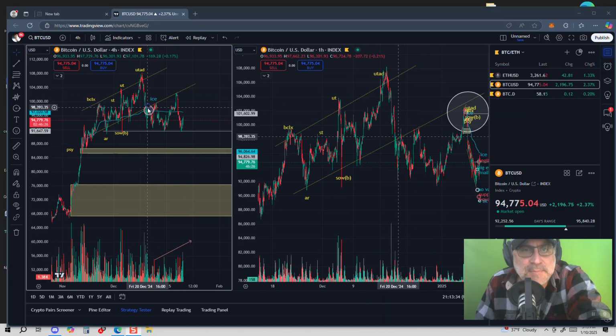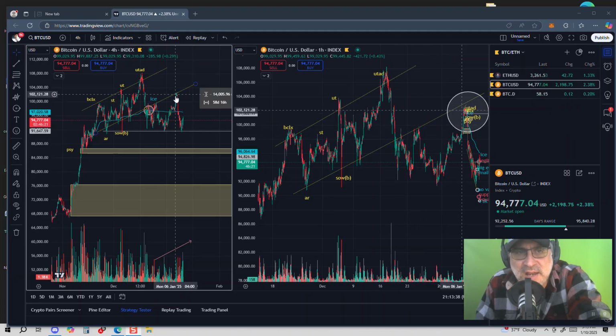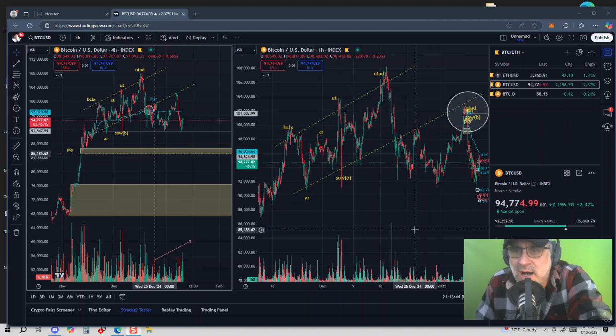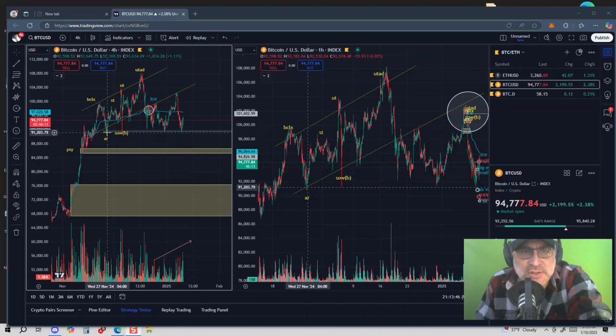We've had 3 attempts after the fall through of the ice, 1, 2, and 3, and the third one was this last bull trap that we had. When we fell back through the ice, where we sit now, we bounced off the supply zone of where the automatic rally or the 4 wave is.